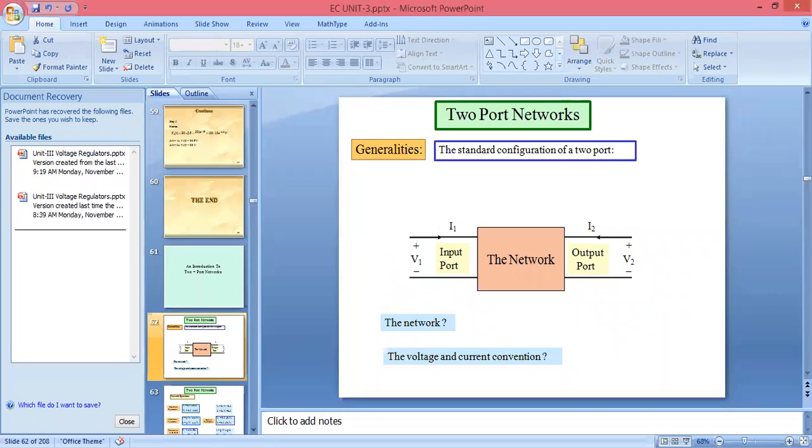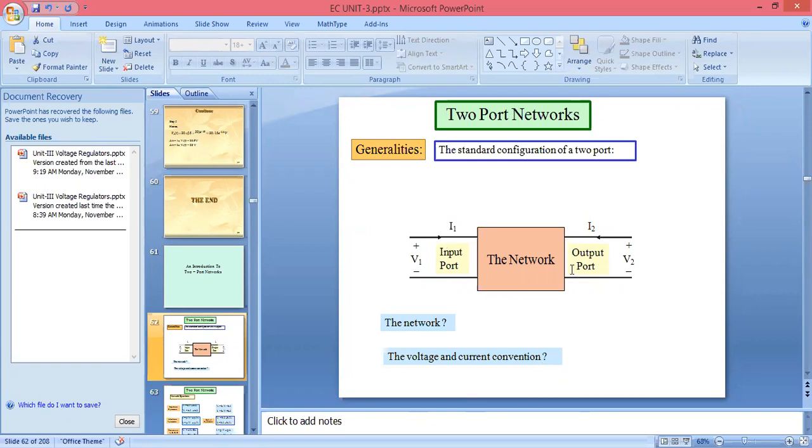Okay. So what we are saying, in the two-port network, we are having four variables. Two variables we are having at the input. Two variables we are having at the output. V1, I1, V2, I2.